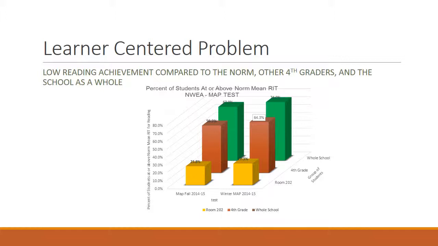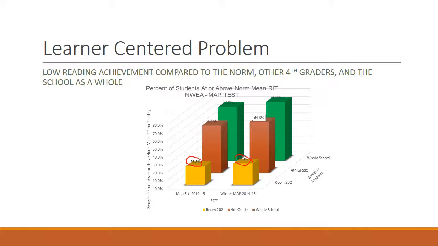So in the yellow, you see Room 202, and it shows us that in the fall, only 23.8% of those students were at or above the norm RIT for reading. In the winter, it moved up to 27.3%.